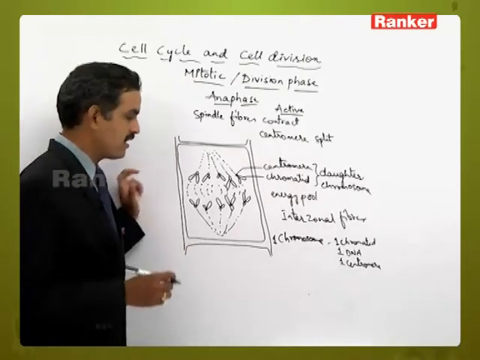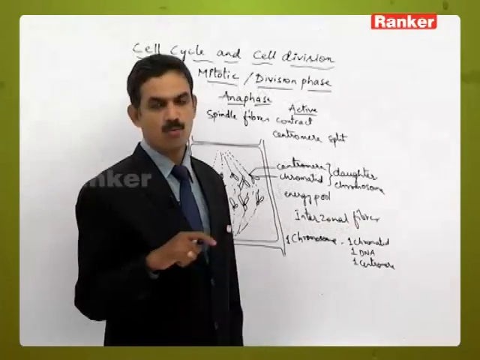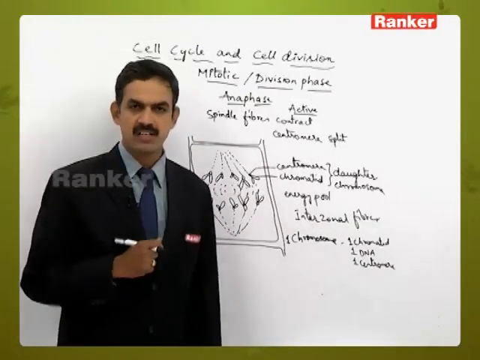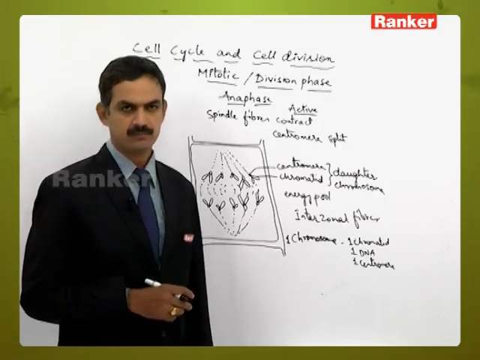Whereas during the metaphase, one chromosome contains two chromatids, two DNAs, but only one centromere. So that difference can be observed between the metaphase and the anaphase stages.